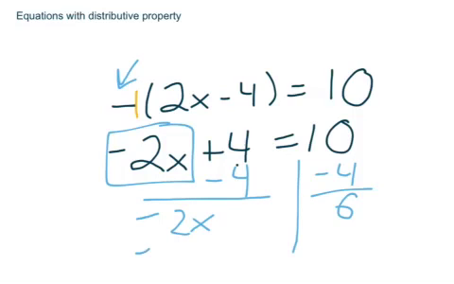We would then divide by our coefficient, in this case, negative 2, giving us x. Divide by negative 2, which would give us a negative 3. X would be equal to negative 3. But I wanted to make sure that you keep that in mind, that when you have a negative that is hanging out in front of parentheses, you're going to distribute that negative all the way through your parentheses.